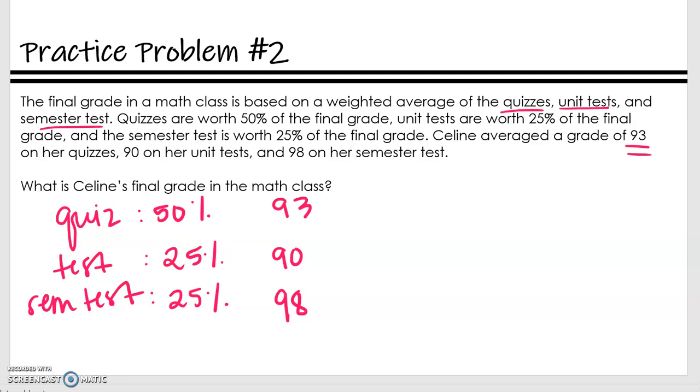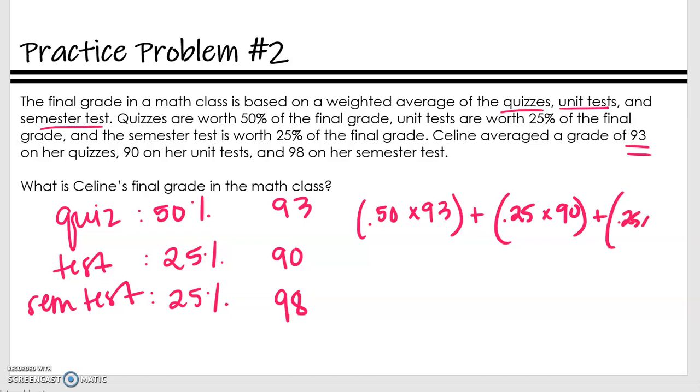So we're going to do the same process. We're going to take our 3 things this time, and we're going to multiply them and then add our final numbers together. So remember 50% is 0.50, and we'll multiply that by 93. Then we'll have 0.25 times 90, and then we will have 0.25 times 98.